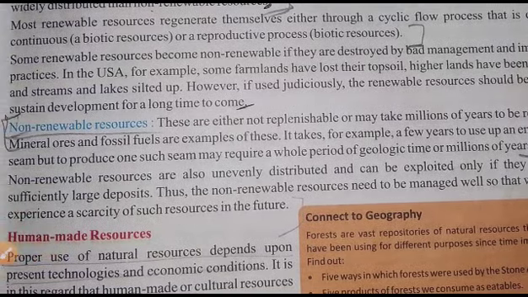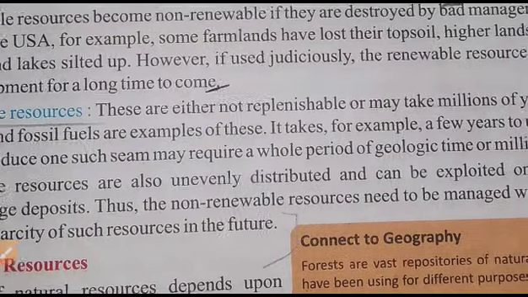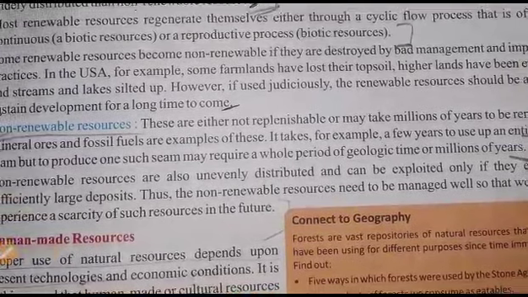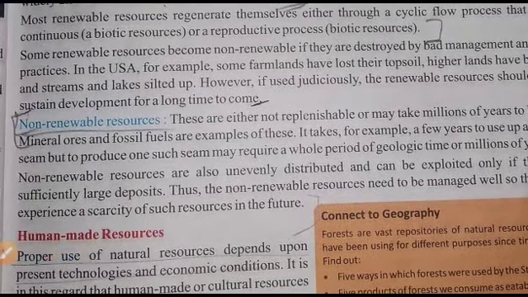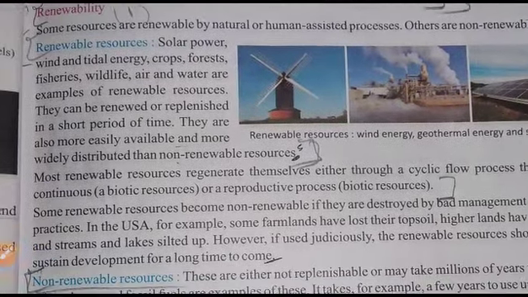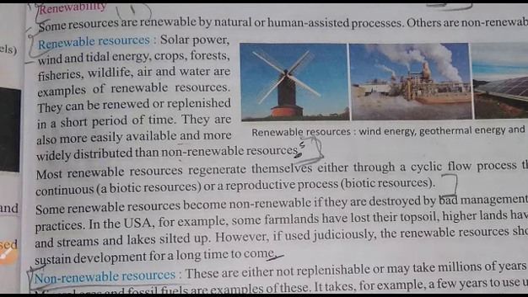Read the first lines in the non-renewable sources paragraph. These are either not replenishable or may take millions of years to be renewed. And the renewable sources, they are also more easily available and more widely distributed than non-renewable sources.